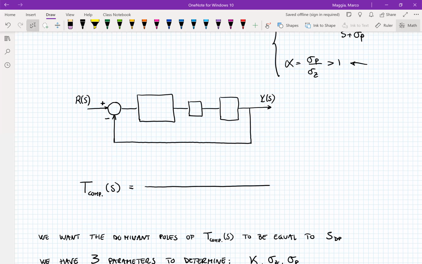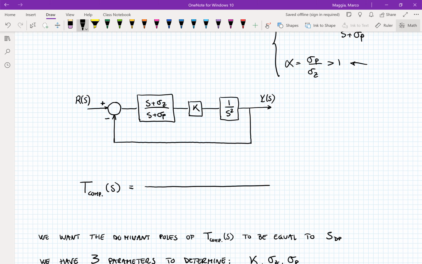So now if we go back to our block diagram, always with 1 over s squared for our plant, our gain k, but now we also have our compensator. So what is the objective?